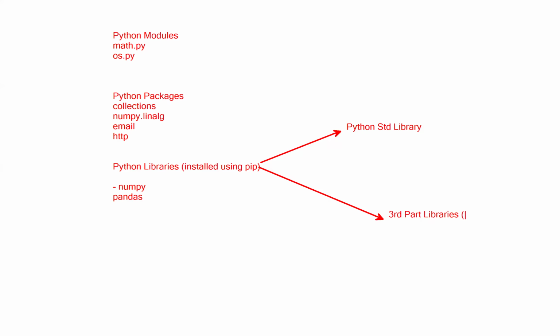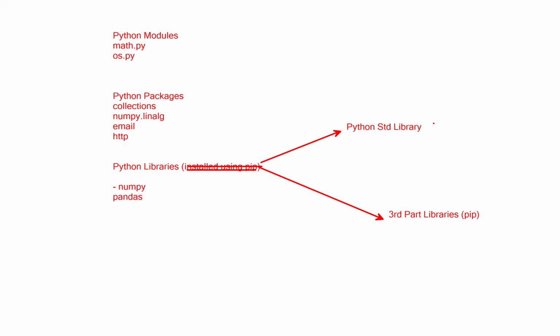Third-party libraries are the ones which I have mentioned, that can be installed using pip. And for Python standard libraries, you don't have to use pip. So from here, let me cut out this line, and this gives a much clearer picture. Python libraries are divided into two parts: the Python standard library and Python third-party libraries.